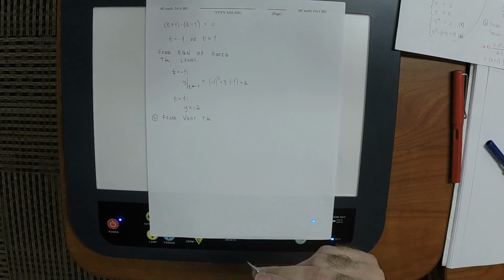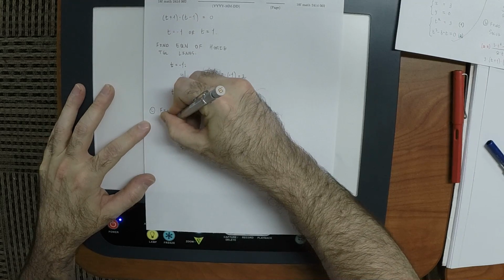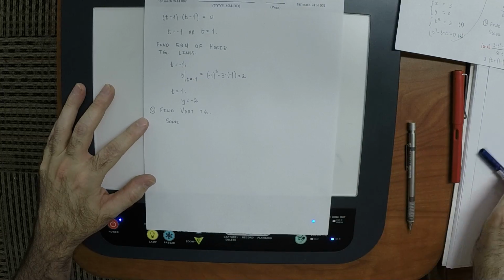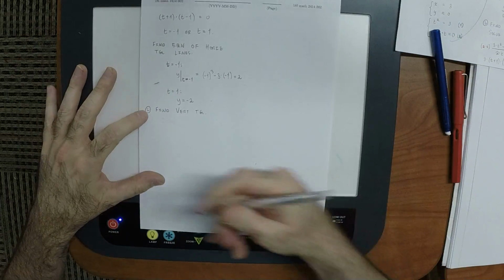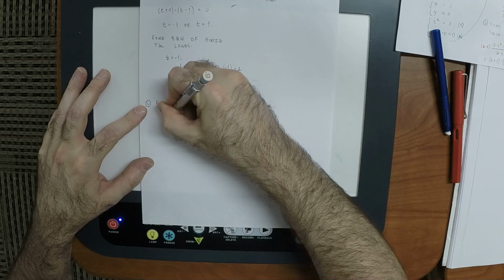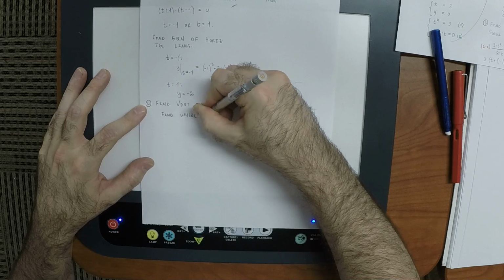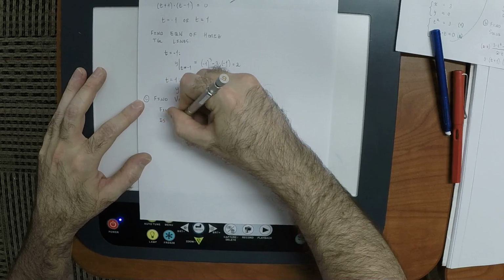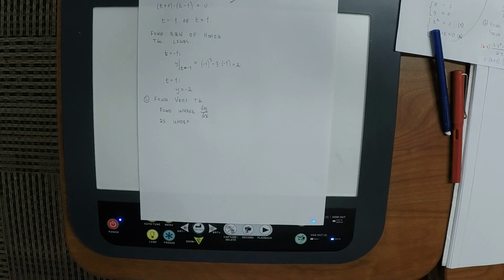To find a vertical tangent, we need to do two things. We need to find where dy/dx is undefined. So that's necessary, but not sufficient.